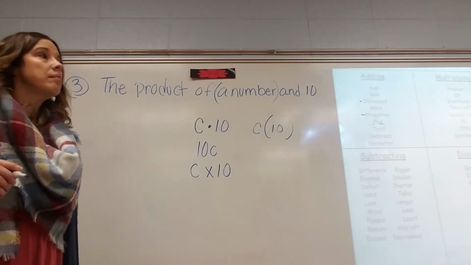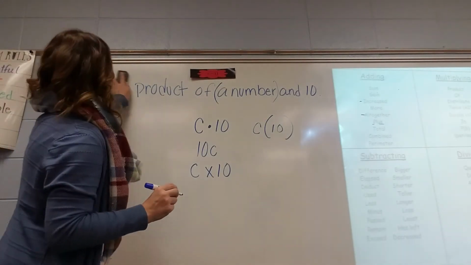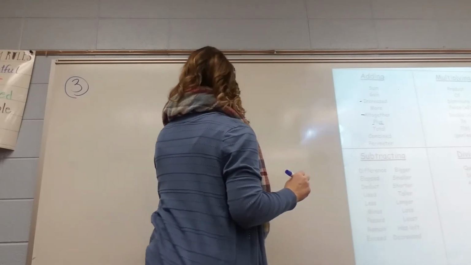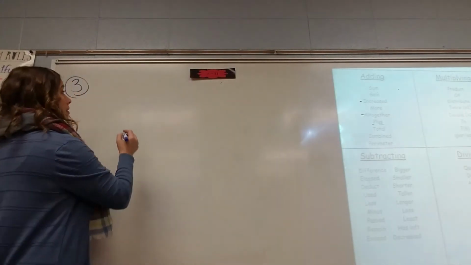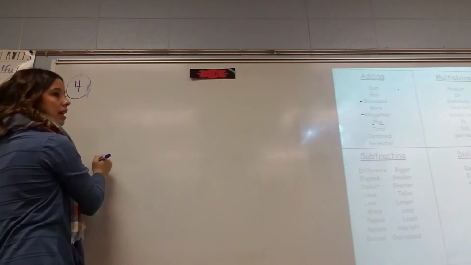Let's see. There's one more example that I want to do, because you'll see it, and I don't want you to be confused by it. Okay, last example. Example number 4. Here it is.